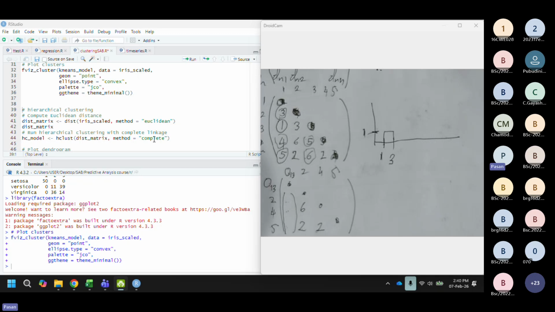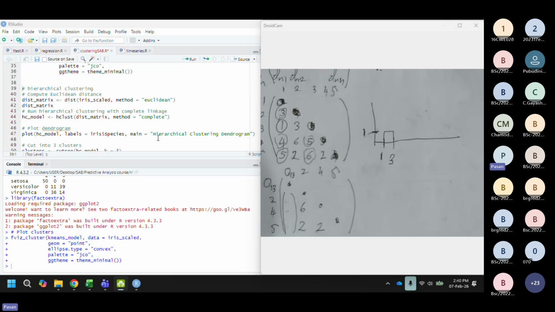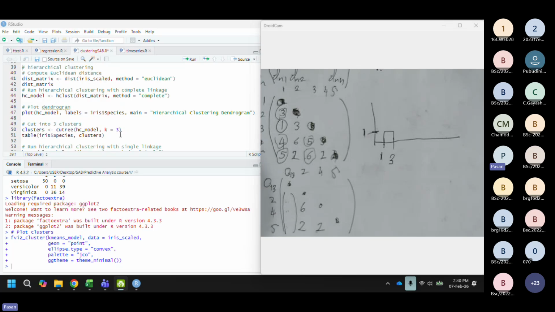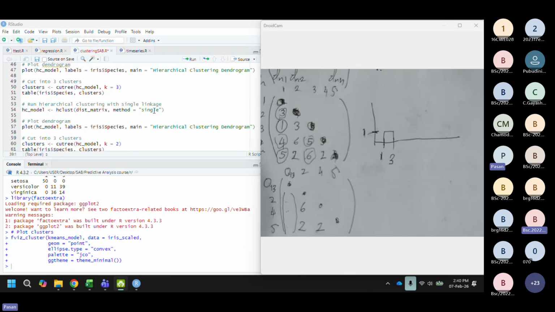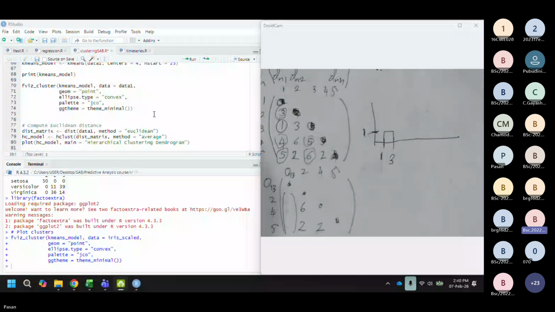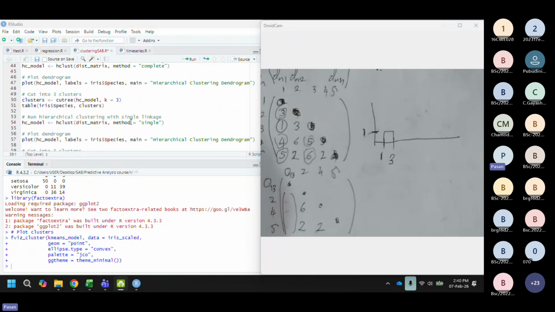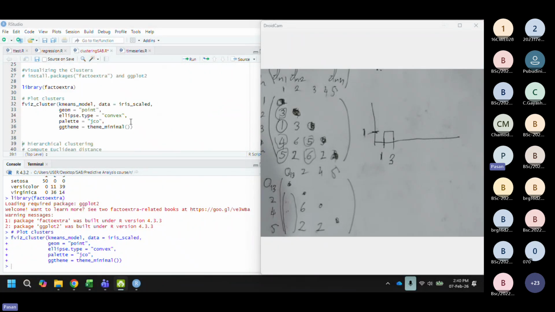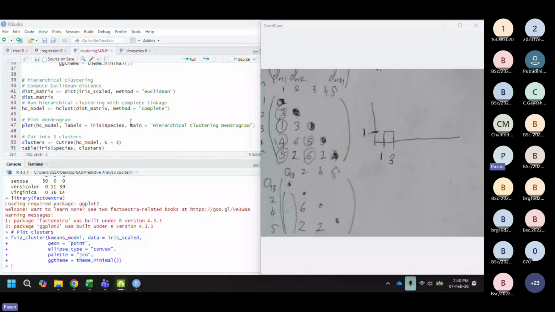There are several methods: the complete linkage, the single linkage, and the average linkage. There are different methods that we can follow.